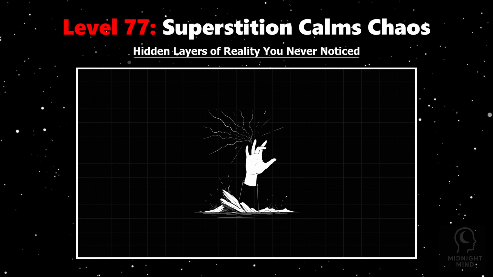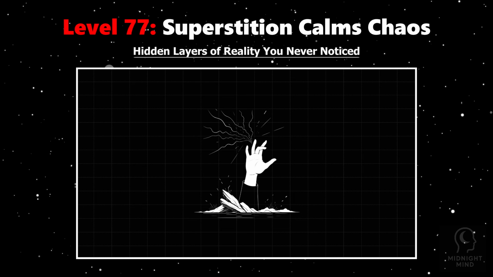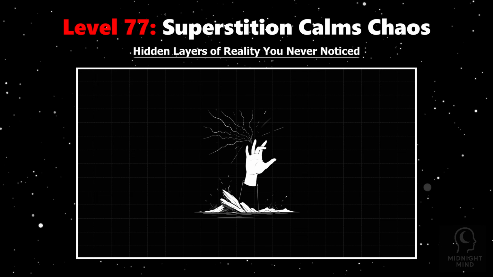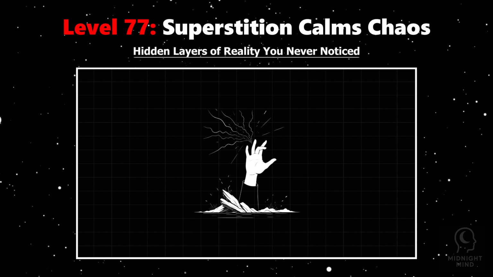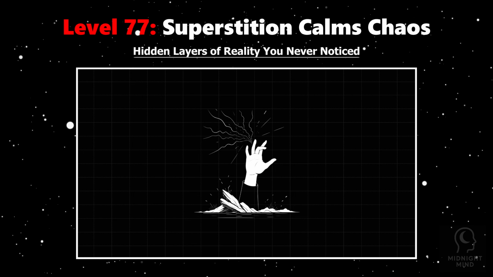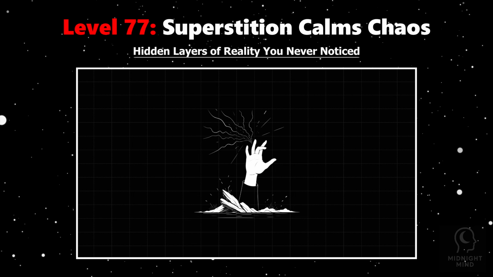Psychologists explain this through the concept of magical thinking, where actions are believed to influence outcomes despite lacking causal connection. When faced with uncertainty, the brain craves predictability and control to reduce anxiety. Superstitions provide ritualized behavior that temporarily satisfies this need, triggering neural pathways linked to comfort and safety.